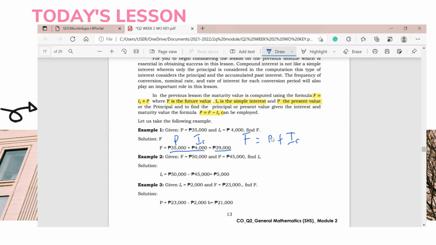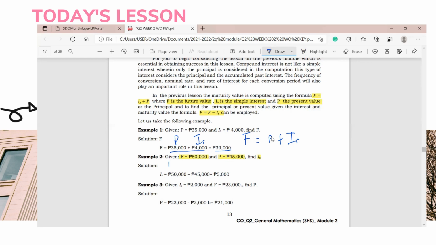In example number 2, we have the future value equals 50,000 and the principal amount equals 45,000. This time, we'll look for the simple interest. Since we have the future value and the principal amount, the formula is just to subtract.